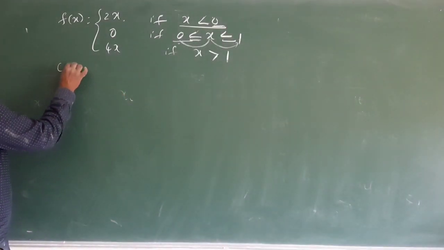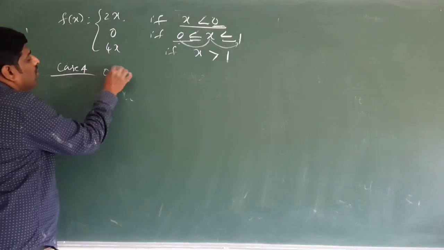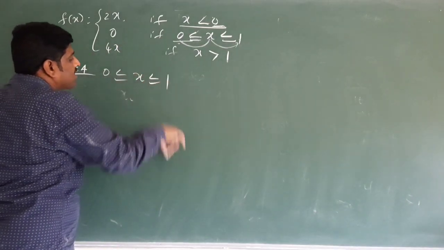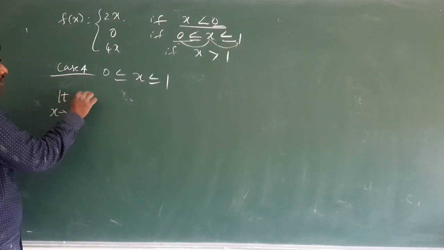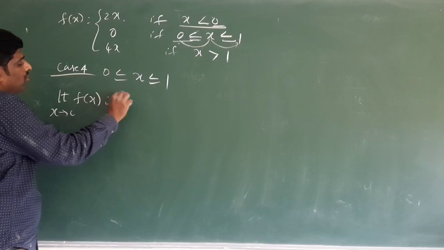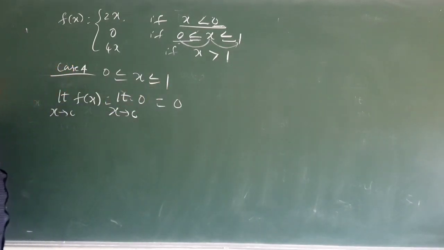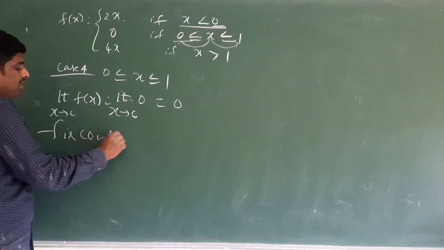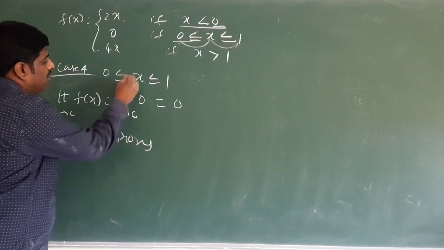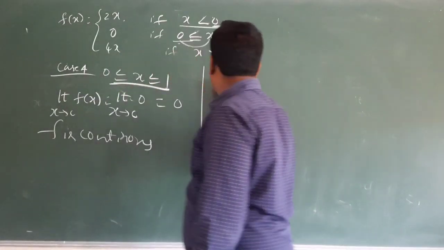Case number 4 is 0 less than or equal to x less than or equal to 1. That is limit x tends to c of f of x is equal to limit x tends to c of 0, that is equal to 0. Therefore, f is continuous in this interval. Now come to case number 5.